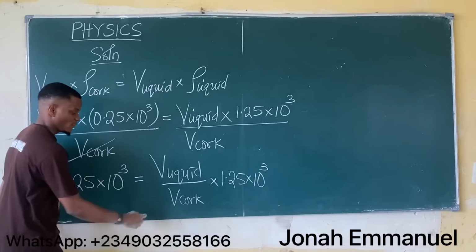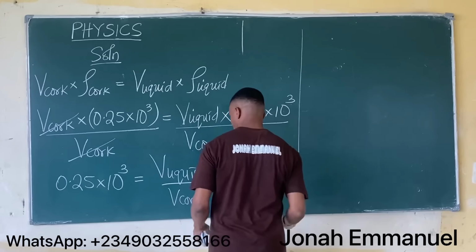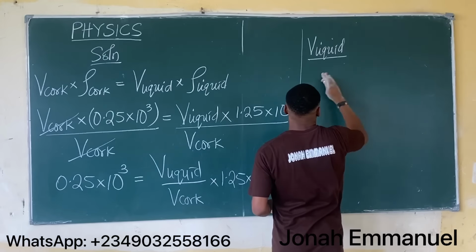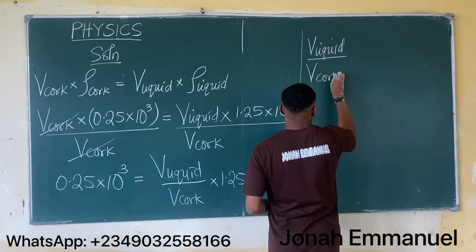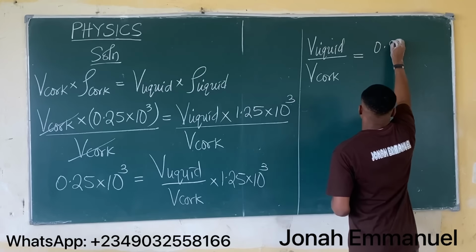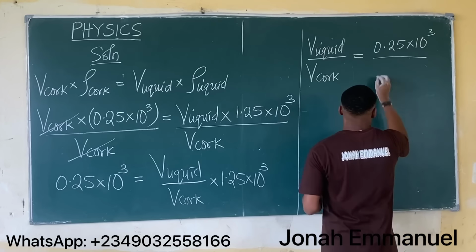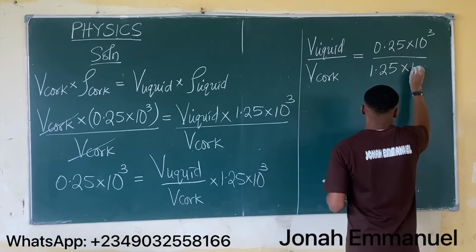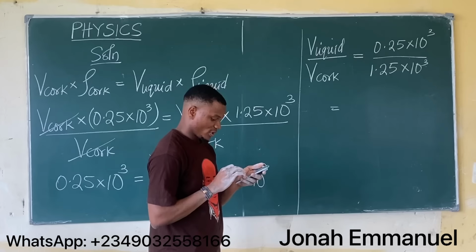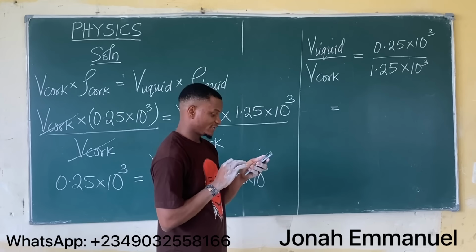To get this one here, I will divide both sides by this value. So hence, I will have that the volume of liquid all over the volume of cork is equal to 0.25 times 10 to the power 3 all over 1.25 times 10 to the power 3.